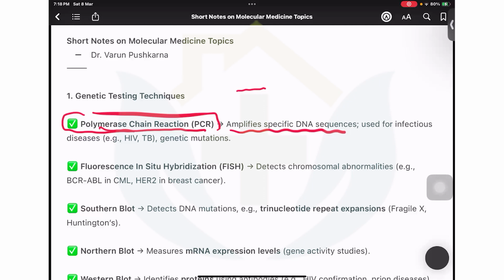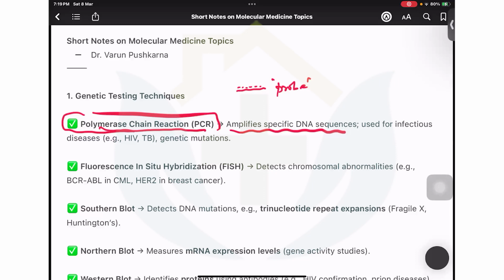Same way in PCR, we take the DNA sample and put it into our medium in which there are multiple nucleotides and nucleosides available for ready replication, and then we have a DNA polymerase enzyme in it. This DNA polymerase gets the nucleotides and attaches them on the sequence of that small part of DNA, the DNA probe which is delivered into the medium, and then it amplifies those sequences only.